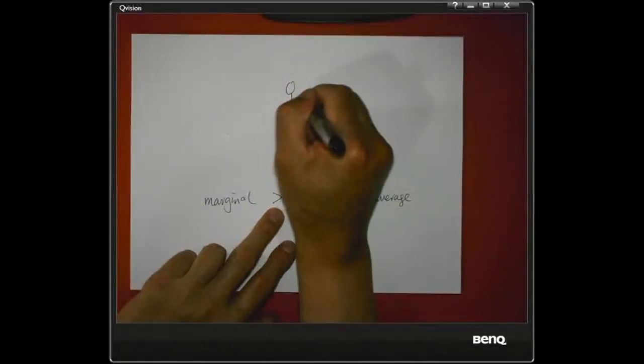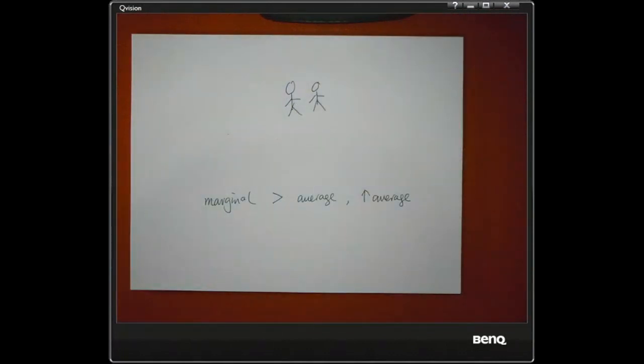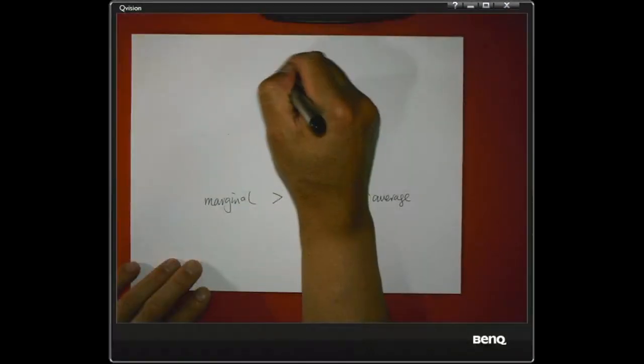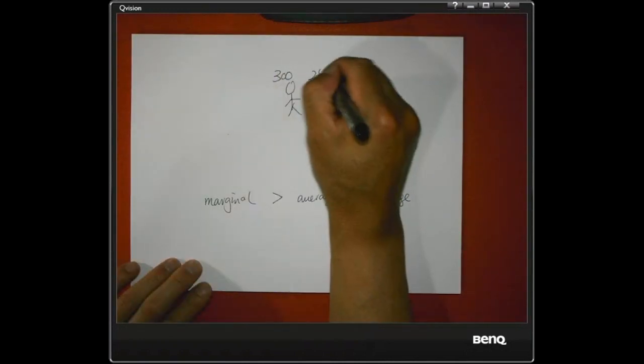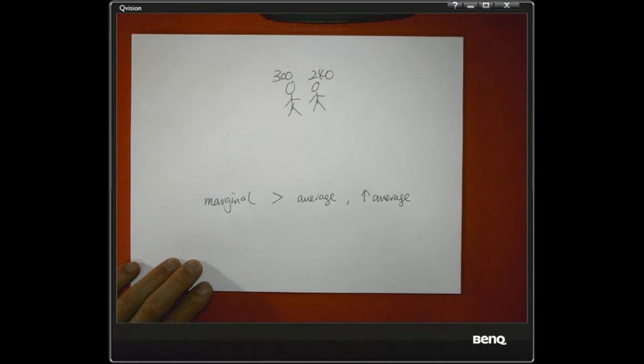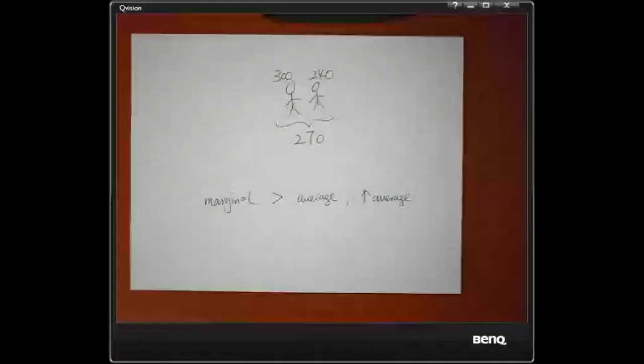Imagine a wrestling team, 2 members, and one member weighing in at 300 pounds, the other member 240 pounds, and therefore the average is 270.